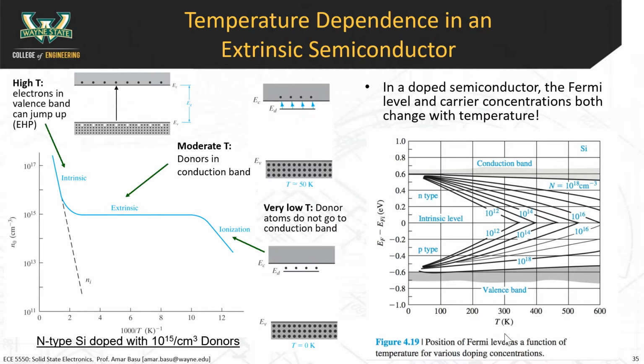All right, so this is a temperature range where you want to use your semiconductor. This example is for an N-type semiconductor, but the same would apply for a P-type. You want to be at a temperature where there's enough energy for the dopant ions to go up into the conduction band so that you have a proper N-type material.